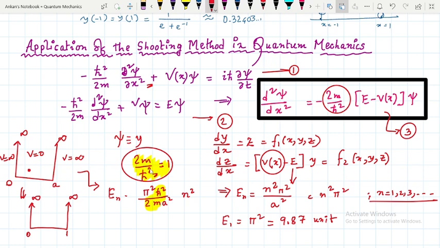So the dependency is n square pi square. This is the dependency of the energy eigenvalue on n.